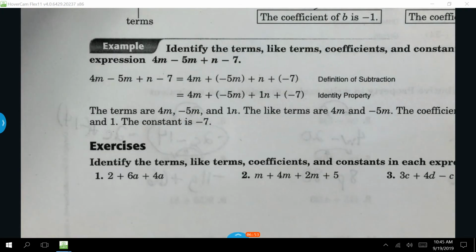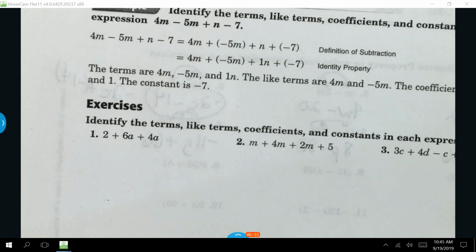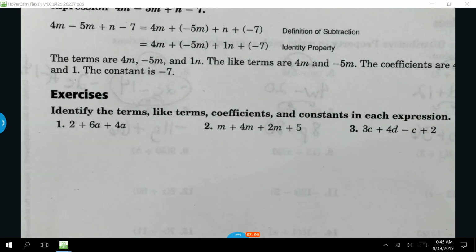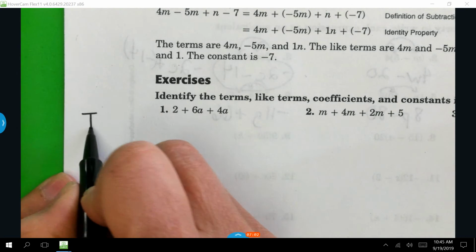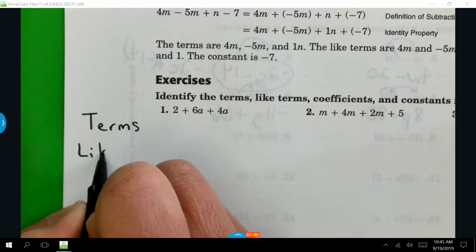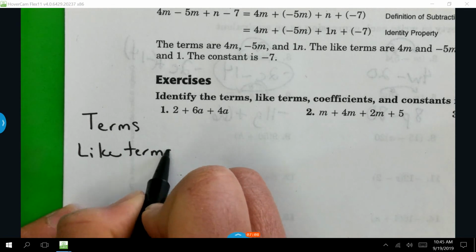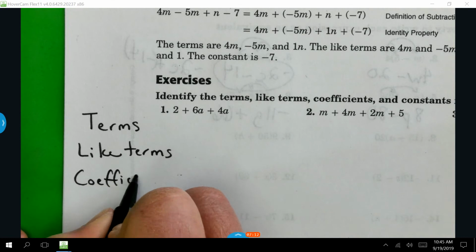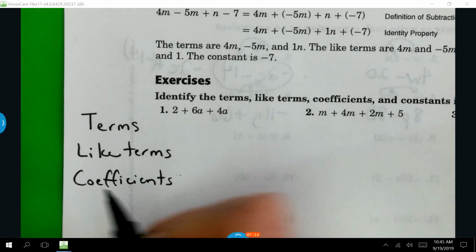So what we're going to do is identify all these things. But we're going to try to make this into a nice little chart so we don't have to write these words over and over. So off to the side, I'm going to write terms, like terms, and you can do this too, coefficient, and constants.